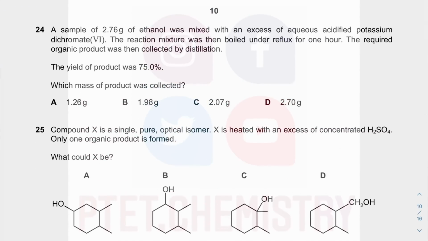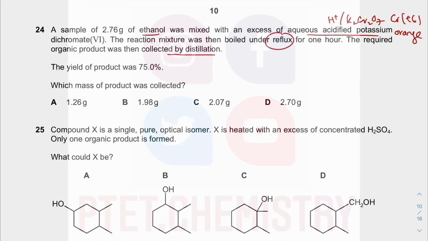Question 24, this is a calculation question. You have ethanol, you have aqueous acidified dichromate, so that is chromium plus 6, your orange oxidizing agent. You boil it under reflux, so you don't just heat and distill immediately. The organic product collected by distillation is after you reflux it.